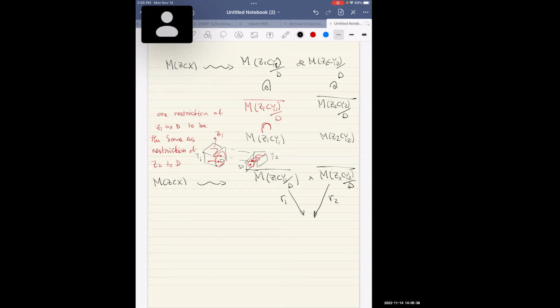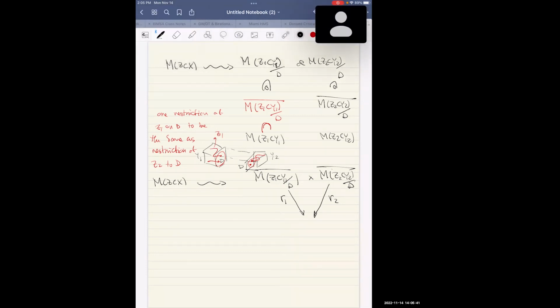So via restriction R1 times R2, let me write it like this. This moduli space of curves in Y1 restricts in D to a moduli space of points in D, and that's the Hilbert scheme of some number n1 of points inside D. And the same thing, some Hilbert scheme of n2 points inside D. Obviously we want n1 and n2 to be the same and to be in the same location.